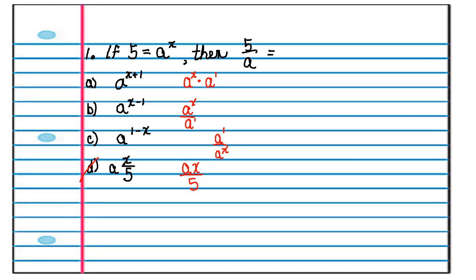Well, we can almost discount that one because there's no power thing going on, and we had a power somewhere to begin with. So now I need some sort of manipulation that's going to wind up with that power thing. I can almost count this one out too, just because of the one being on top. So I'm going to look at the other two here. And if 5 equals a^x, this would equal a^x over here, because that's what it says.